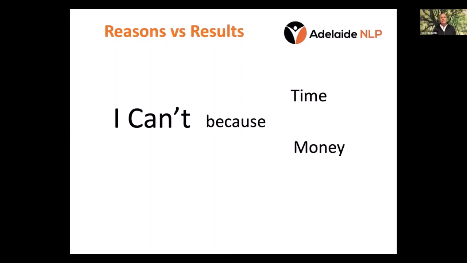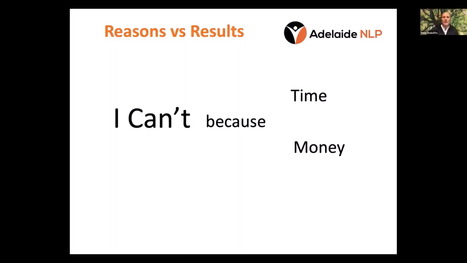It's so easy for us to think of how it can't happen, and very difficult to think, how can this happen? And one of the aspects of people who succeed in this life is because they look at how something can happen, not how it can't happen.